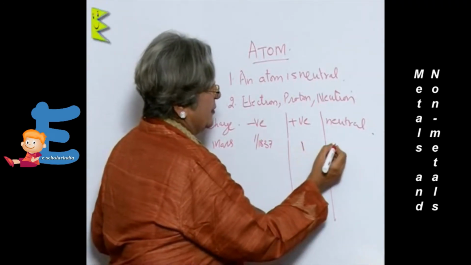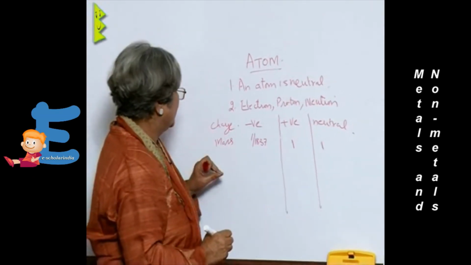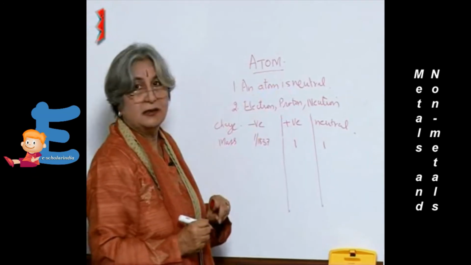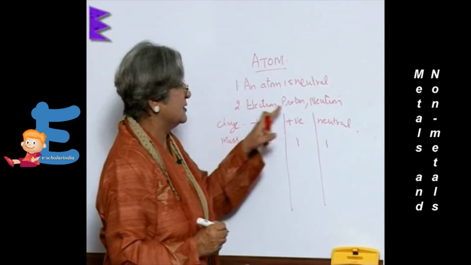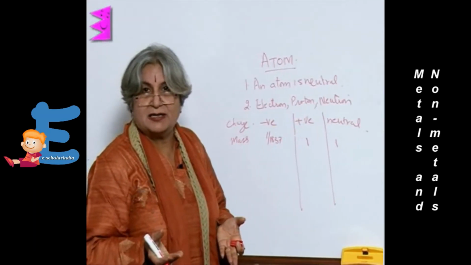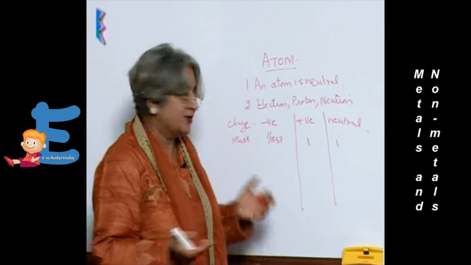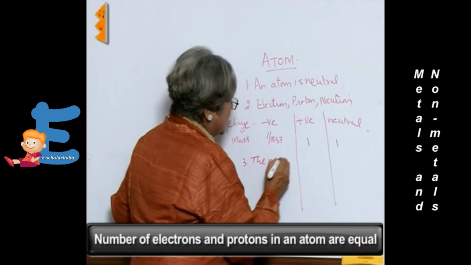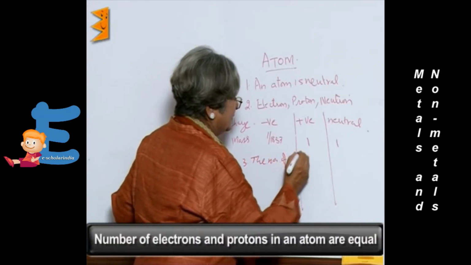Proton 1, neutron 1. Now what we find is that atom is neutral. That means the number of electrons has to be equal to protons. Otherwise they have charged particles and still they don't have any charge. So the number of electrons and protons is equal.